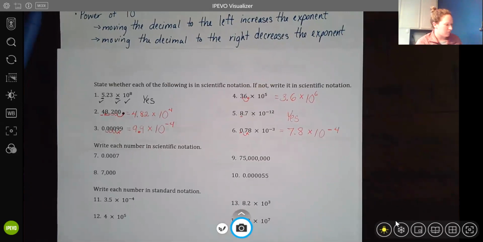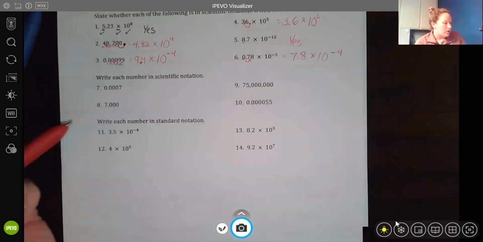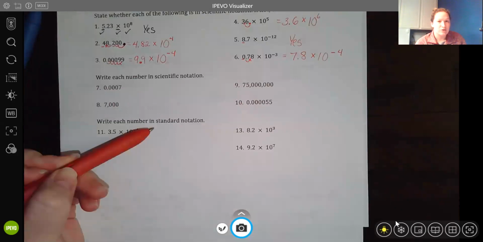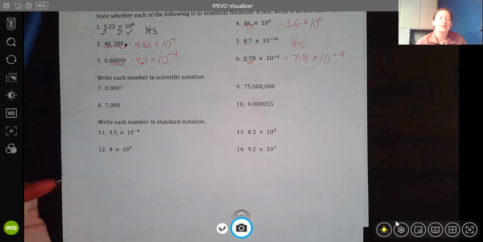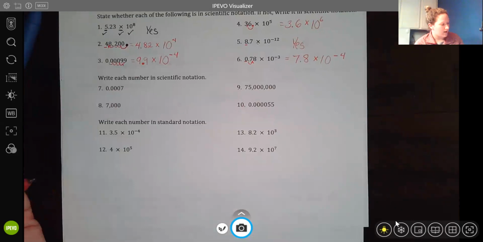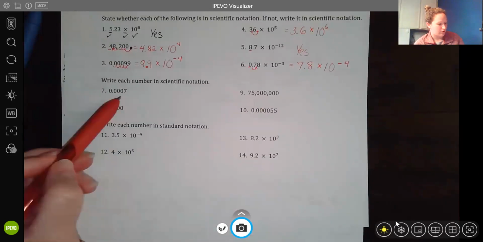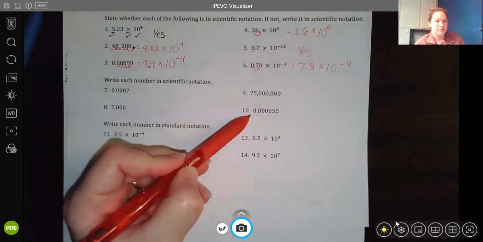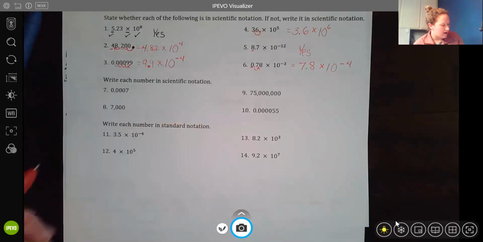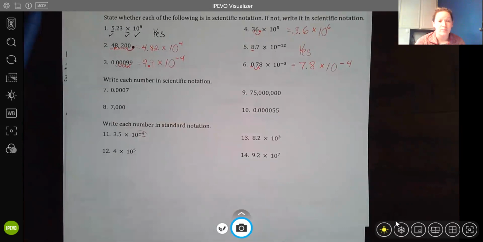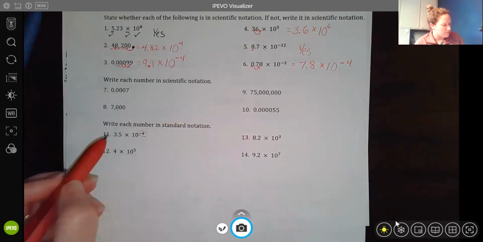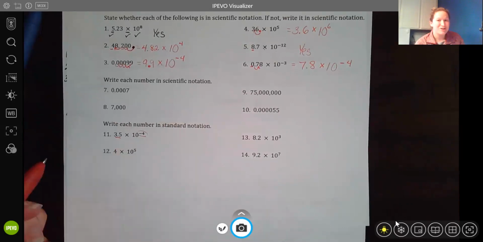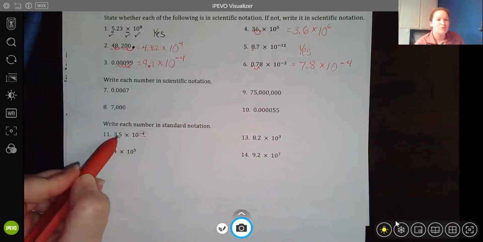Whenever you're asked to write in standard notation, or sometimes it's called standard form, that means you want to write it the way these start. So if I have a negative exponent, it means I started with a really small number. In order to make 3 and 5/10 small, I'm going to have to move that decimal to the left.